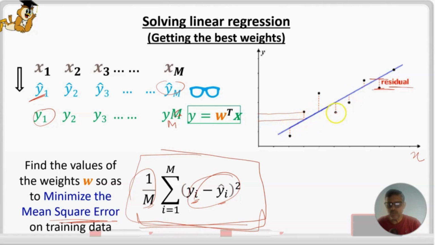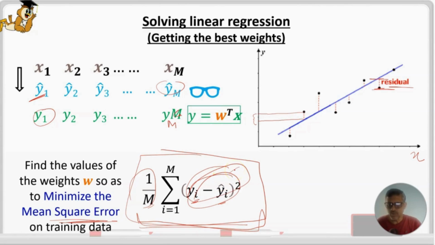Since the line is what your model is, this difference is essentially the residual, and you are finding the sum of the squares of the residuals for each of the points. That's what the mean square error is.